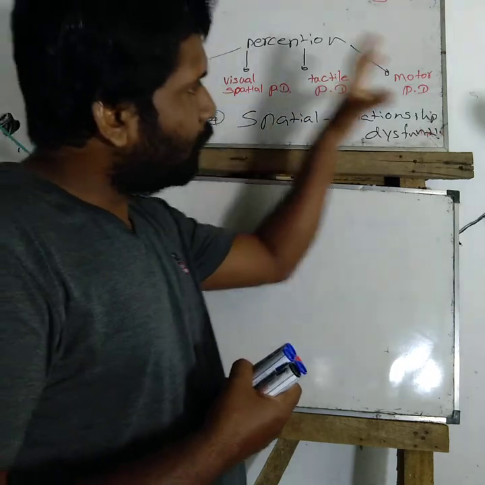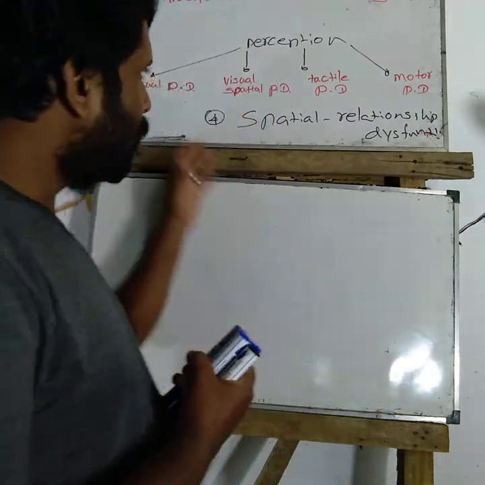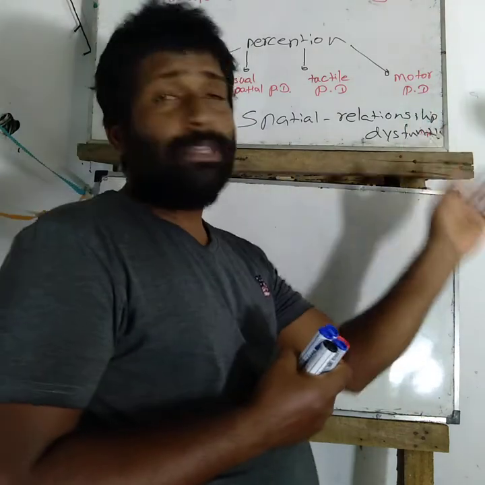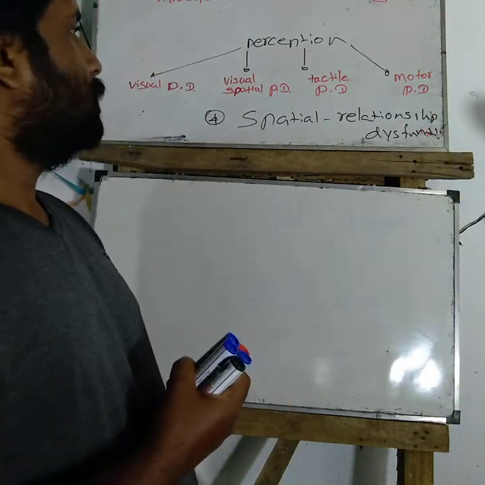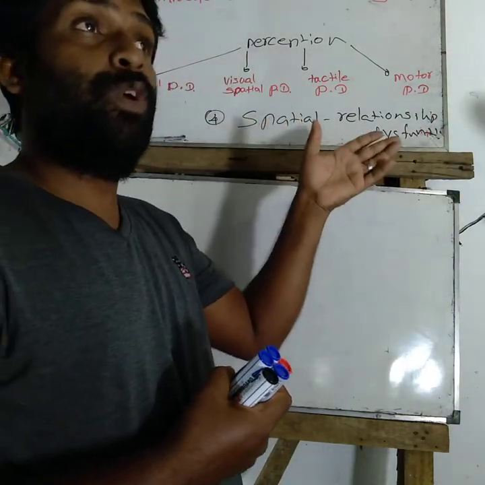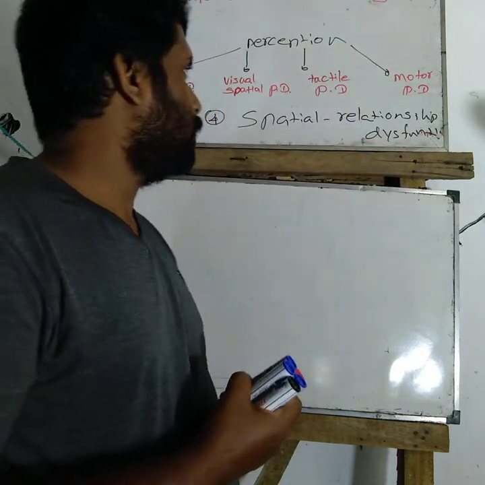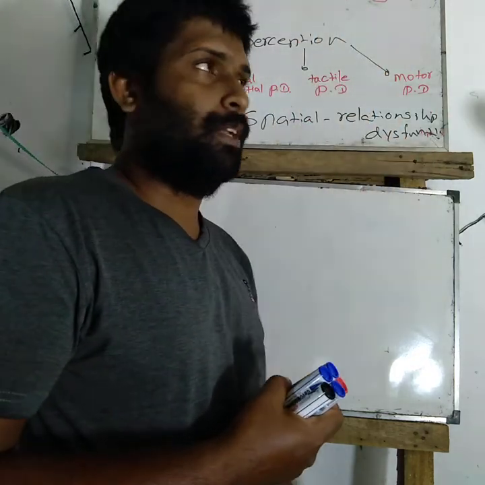A lot are connected to ADL activity, or a lot are connected to instrumental ADL activity. The previous, money handling is also connected to the previous. Brushing is also connected to the previous.